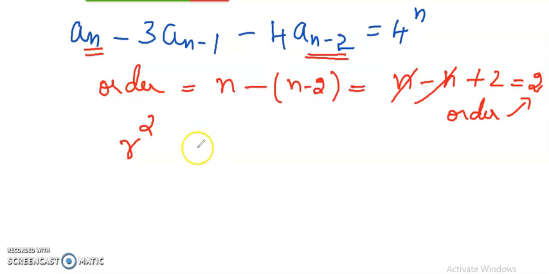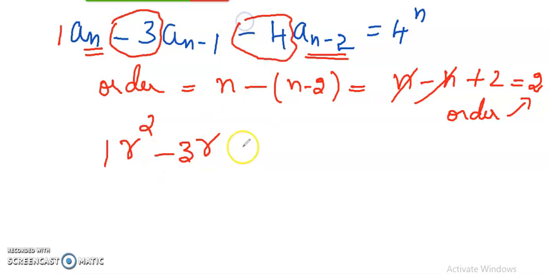Since the order is 2: 1 r square, then minus 3 r, then the next coefficient is minus 4, a constant term, equal to 0.